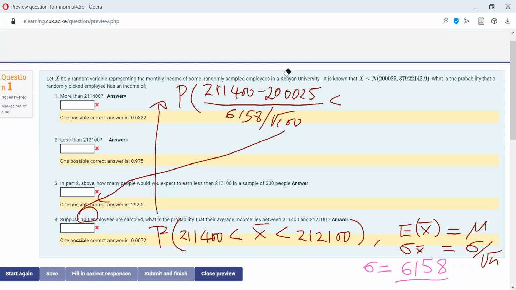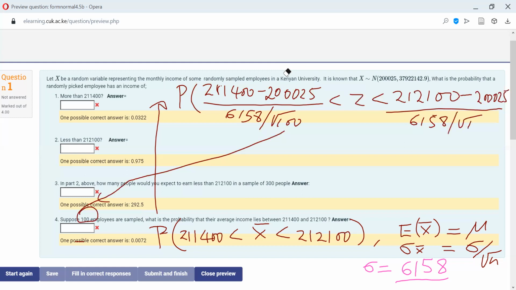So this would be less than 21,100 minus the same 200, 0.25 over the same 6158 over root 100. So this will become P. This now we need to do the computation.